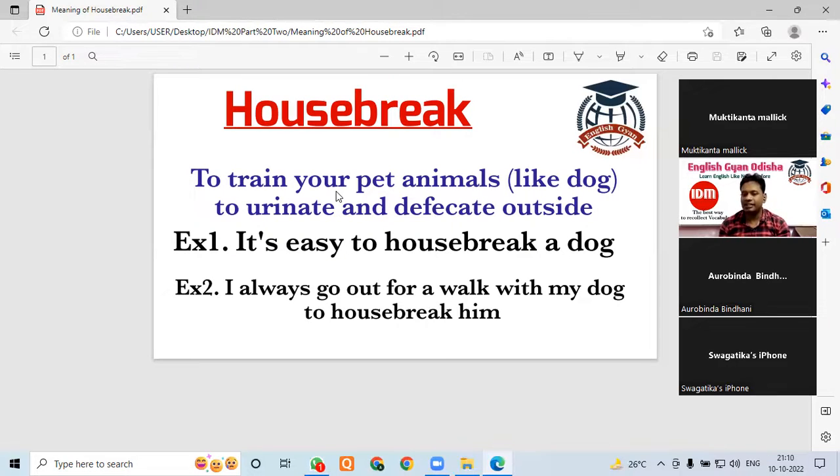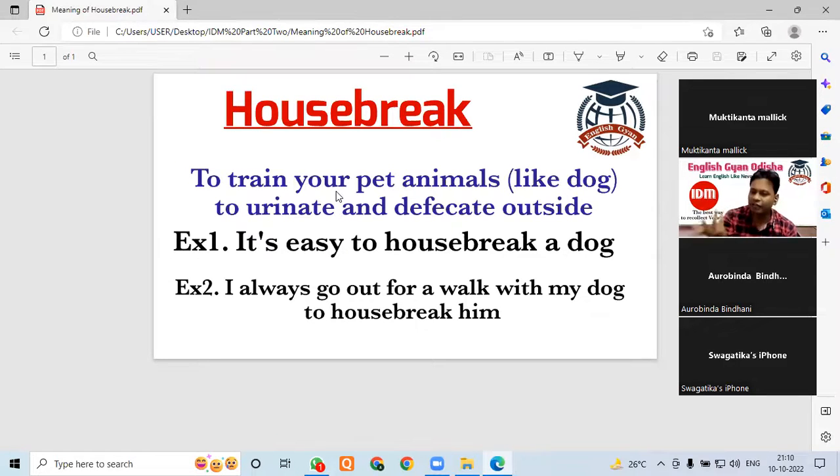This is American English, and of course everybody uses that throughout the world. Housebreak means there's no gap. Check it out. No gap. Housebreak, the single word. Housebreak means you are essentially training your pet animals like a dog to urinate or defecate outside.